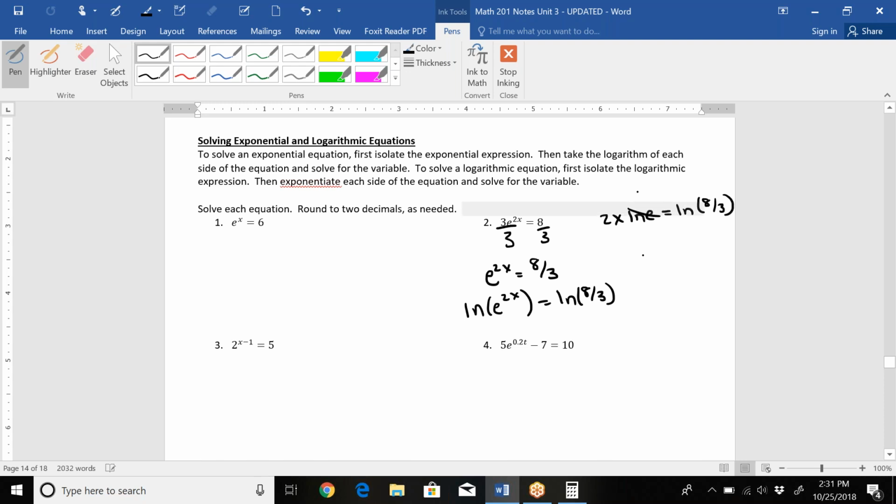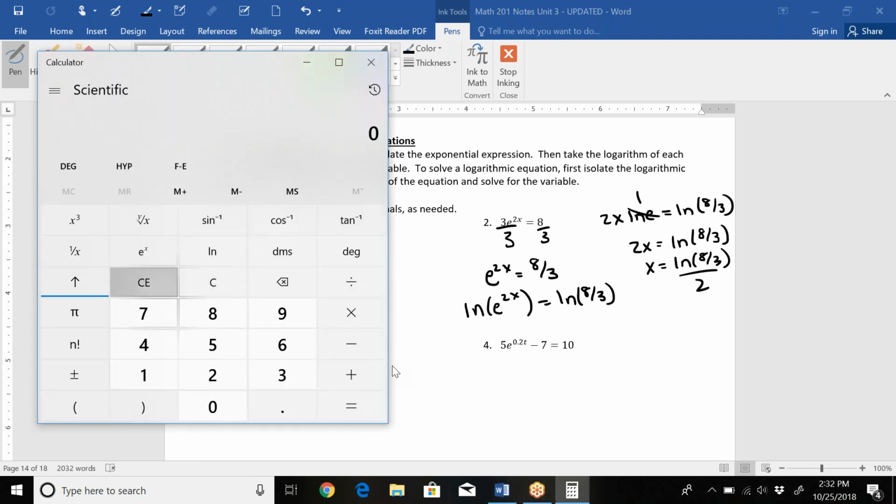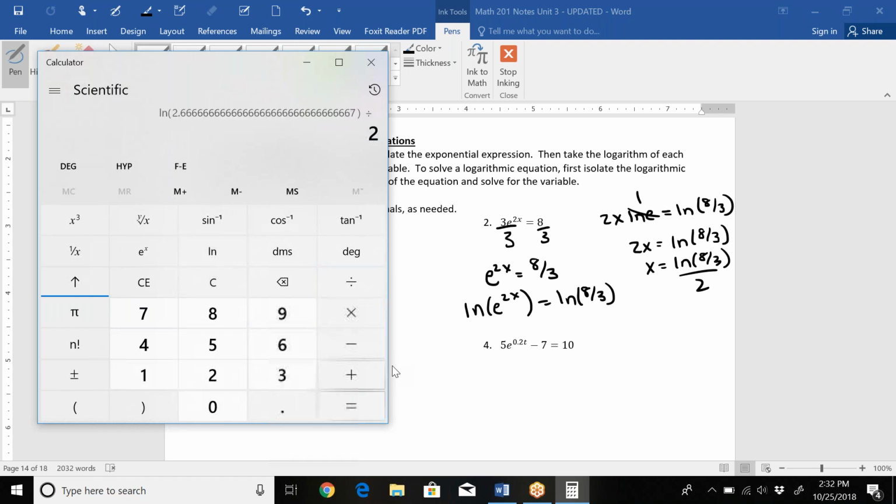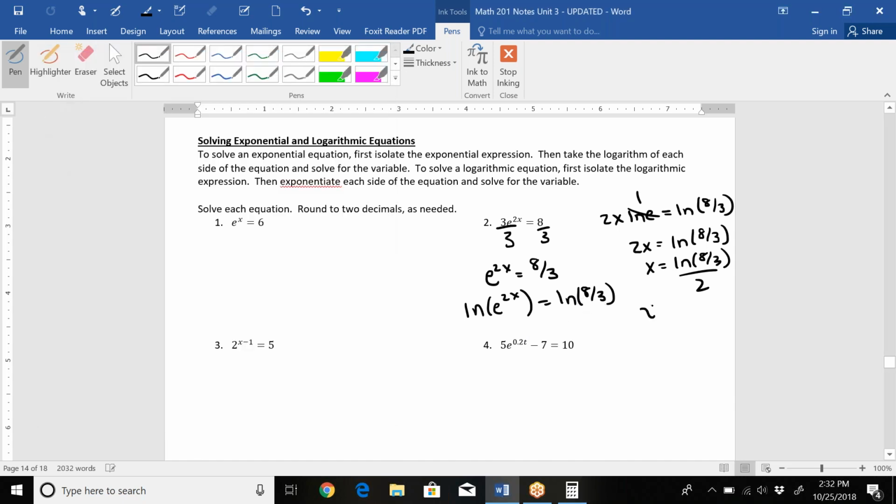Natural log of e is always a 1. So this is just 2x equals natural log of 8/3. Divide everything by 2. So we just need to type this into our calculator to get our decimal approximation. So 8 divided by 3, and then take natural log of that, and then divide it by 2. So I'm getting 0.49 for this one.